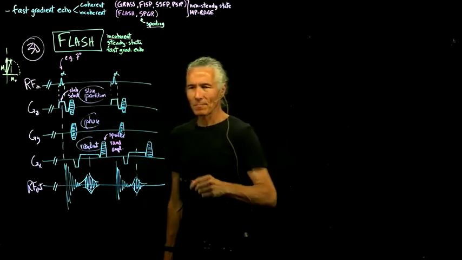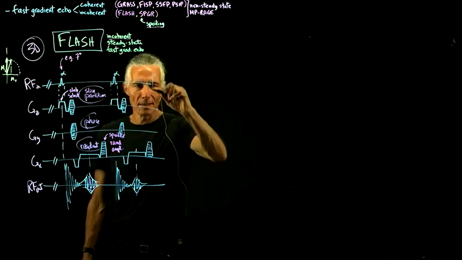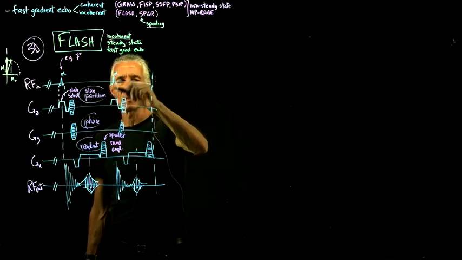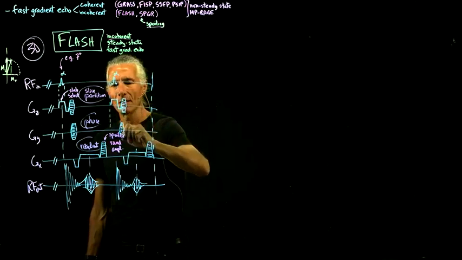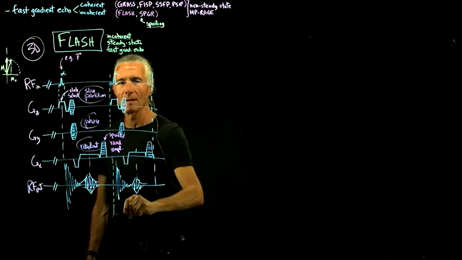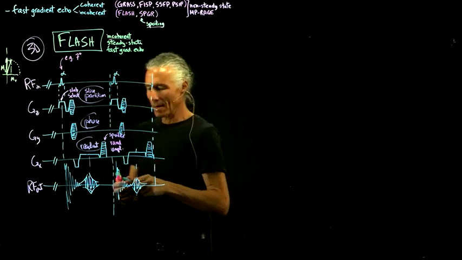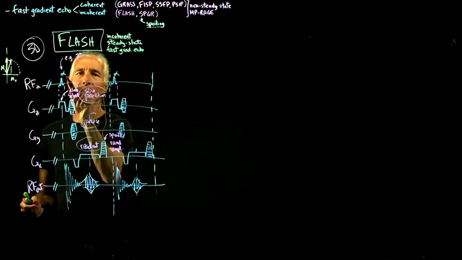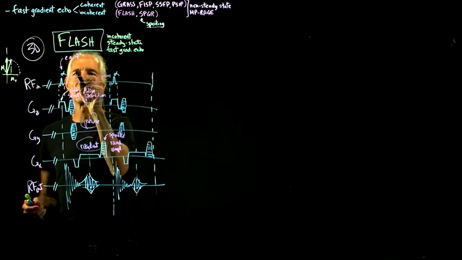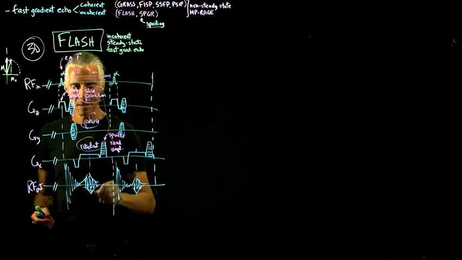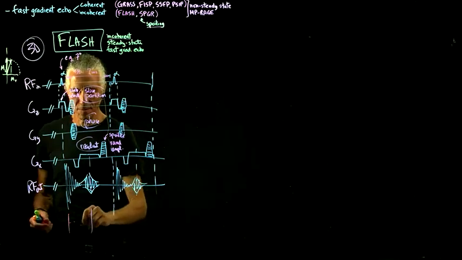So basically, you could just keep repeating. So here's the repeat. Again, the TR would be low, like something like 7 milliseconds. And the TE would be even lower, like 3 milliseconds.